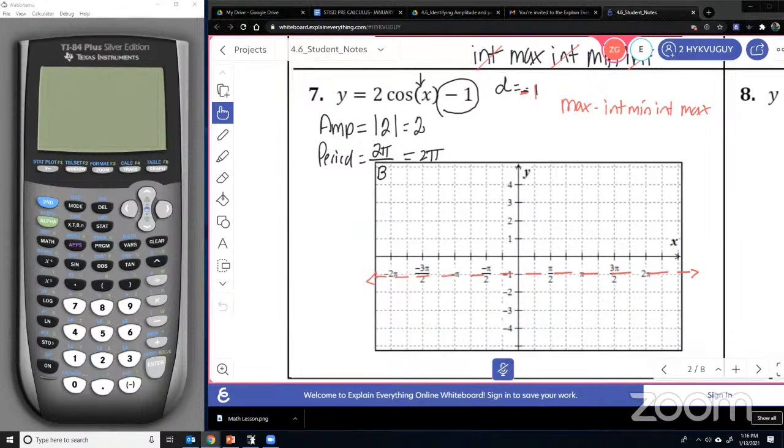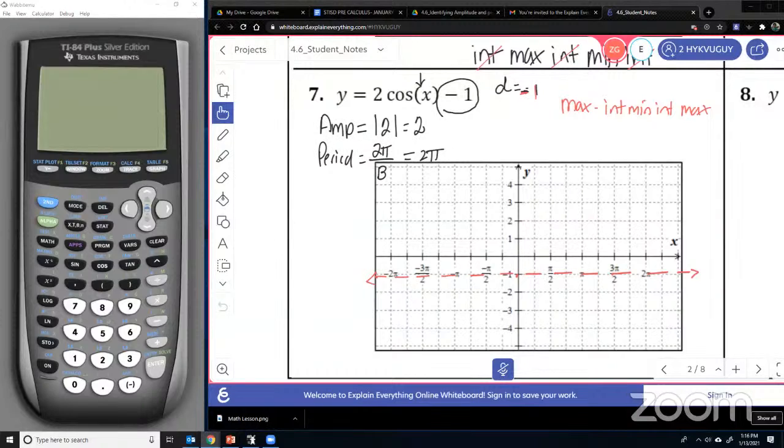So I'm going to ask Ander, Brianna, and Dylan. At x equals 0, how many spaces do I go up from the midline? So I'm right here. Ander, Brianna, and Dylan.